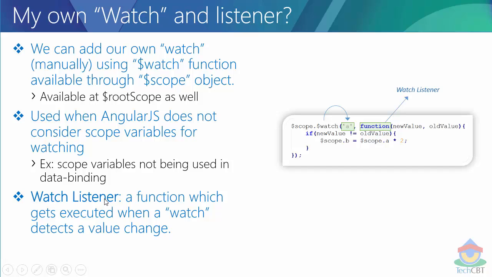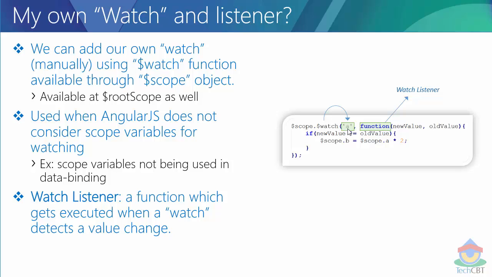And the watch listener, you can see that. This is the function, or you can say simply a callback function. This particular function is usually called a watch listener because this is the function which gets executed automatically by the AngularJS framework whenever it sees that the value of that variable A gets modified.